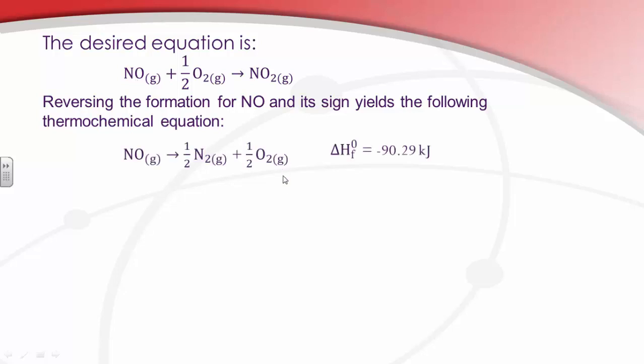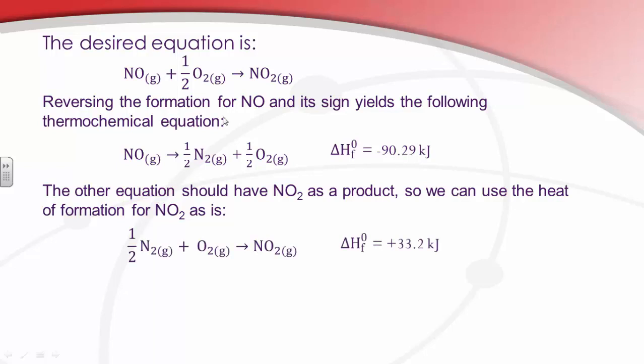So this gives us, and of course this is no longer the heat of formation. This is just the enthalpy for the reaction as written. Notice now we've got our reactant in the right form. Now the other equation was already in the right form for us because we have the product on the right hand side.